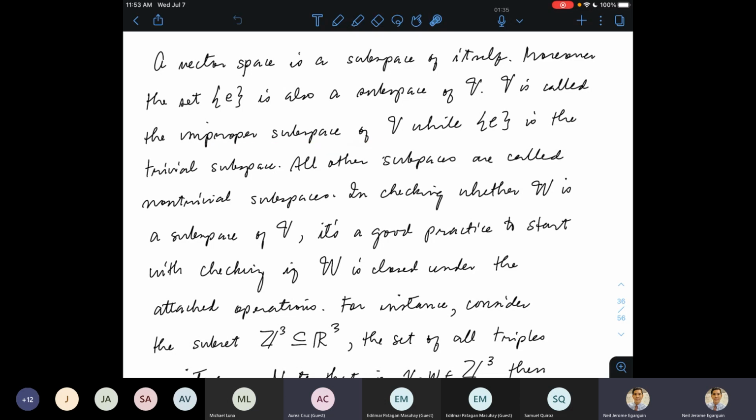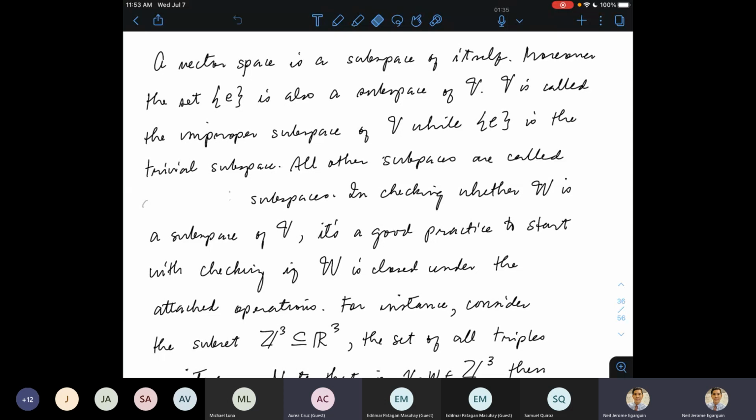Now, all other subspaces are called non-trivial. Oh yeah, probably that's a lapse on my part here. I should have written here "are called". Yeah, I thought I put somewhere what a proper subspace is. Exactly, sir. There is only a non-trivial subspace. I thought what I wrote here is a proper subspace, not a non-trivial subspace.